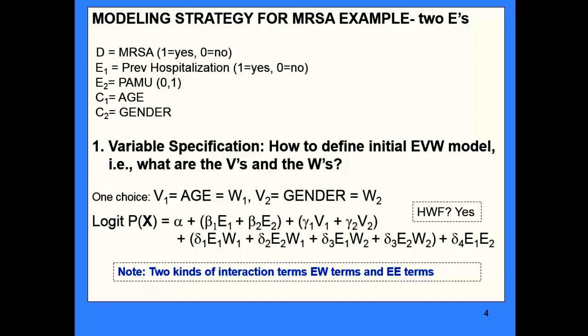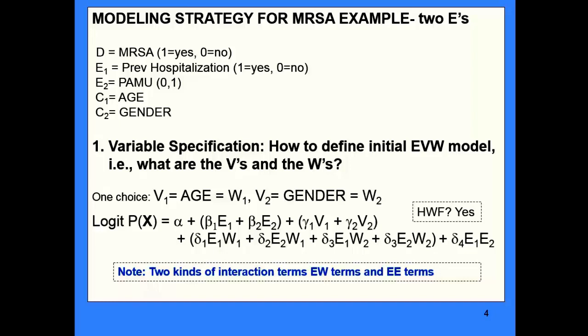So I've got E1 times W1, and W1 is age, and E2 times age, and E1 times gender, and E2 times gender. This is an interaction of the exposure with the covariate. But this is no longer an interaction of an exposure variable with a covariate. This is an interaction of one exposure with another. It's a different model, right?